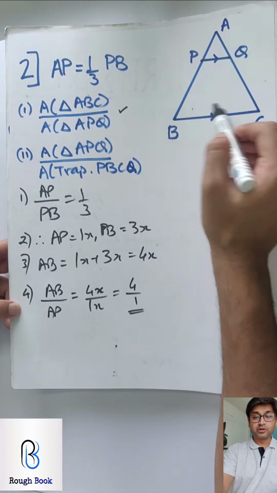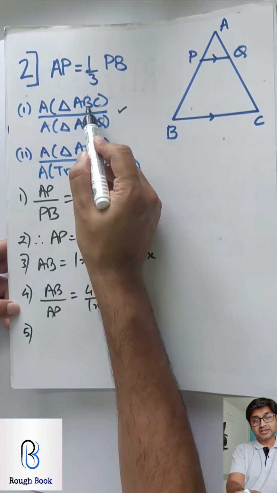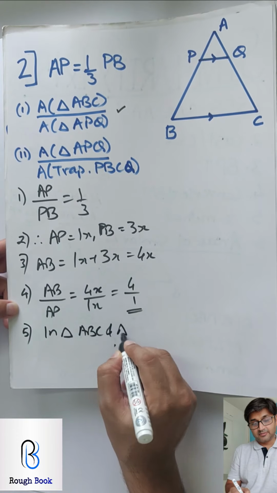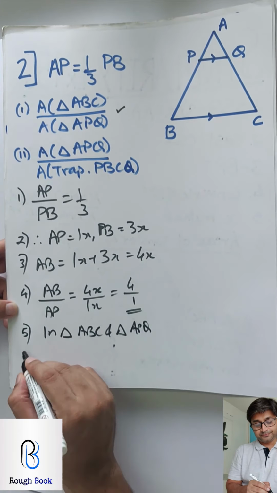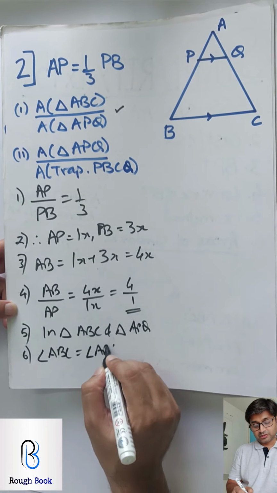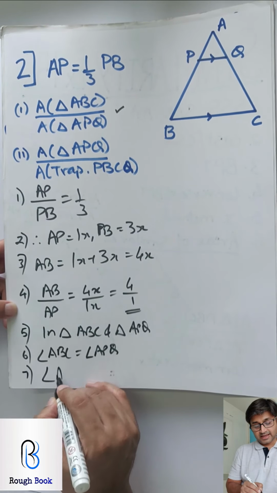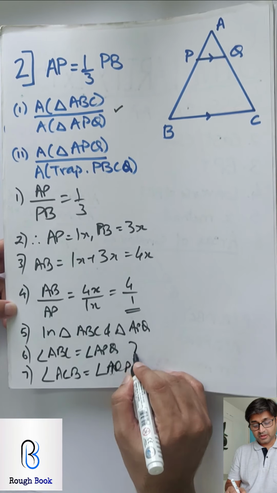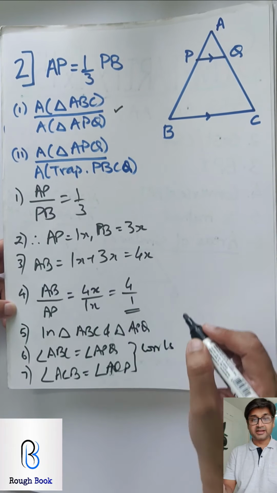Now prove the two triangles similar. First take the bigger triangle, because you want that in the numerator. So in triangle ABC and triangle APQ, angle ABC equals angle APQ, angle ACB equals angle AQP, both corresponding angles.